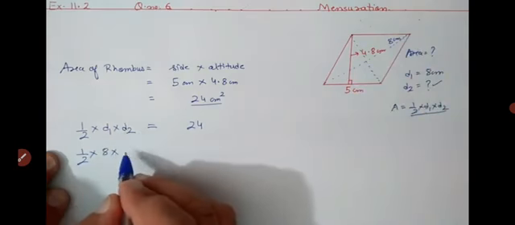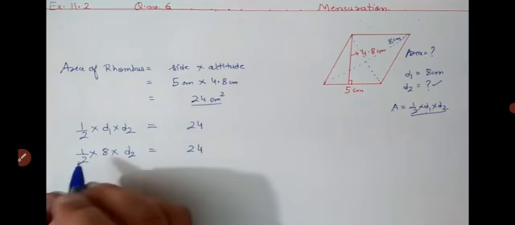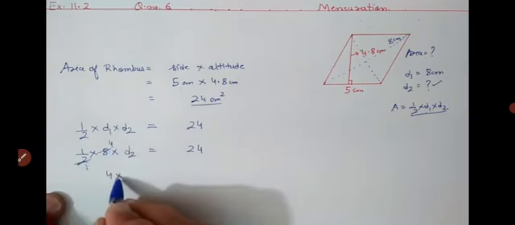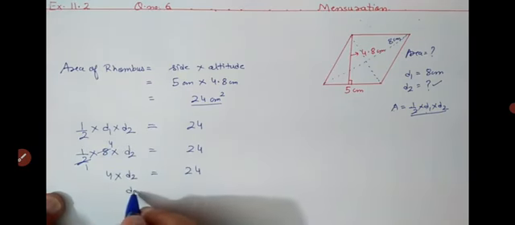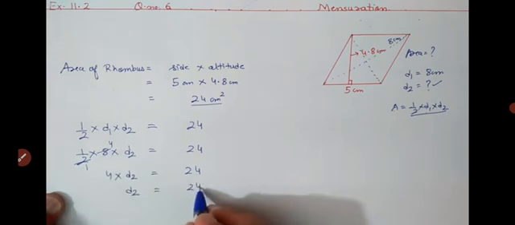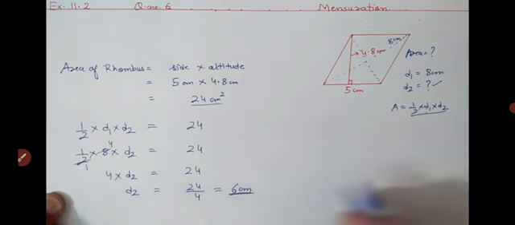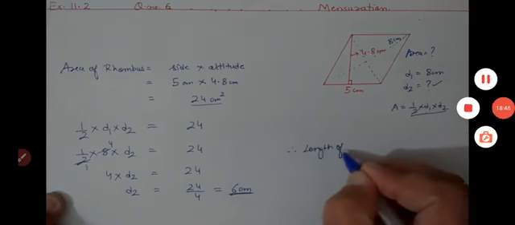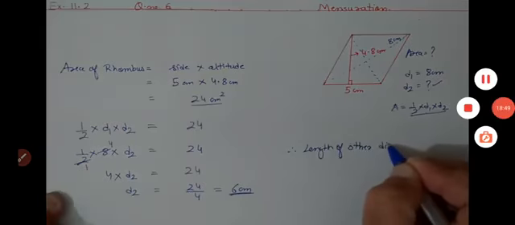We have to find d2. 2 1s are 2, 2 4s are 8. So 4 into d2 is equal to 24. So d2 is equal to 24 upon 4. 4 1s are 4, 4 6s are 24. So 6 centimeter is your answer. The length of the other diagonal is 6 centimeter.